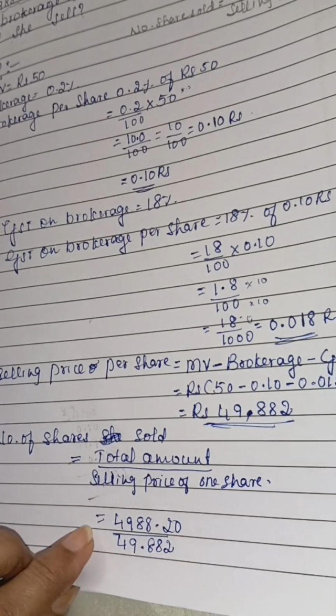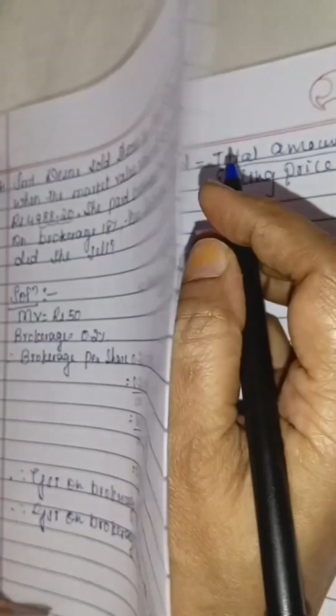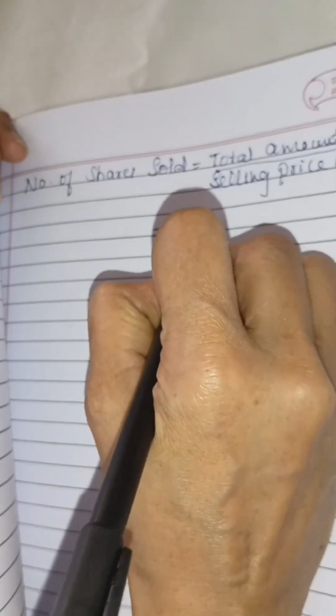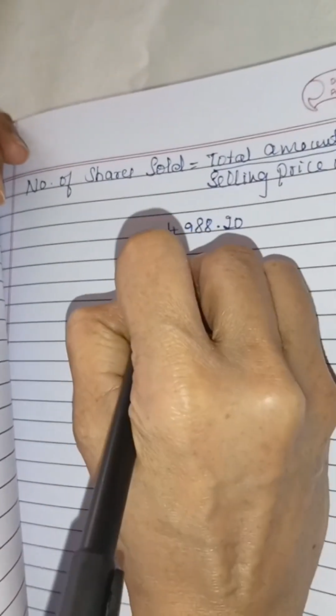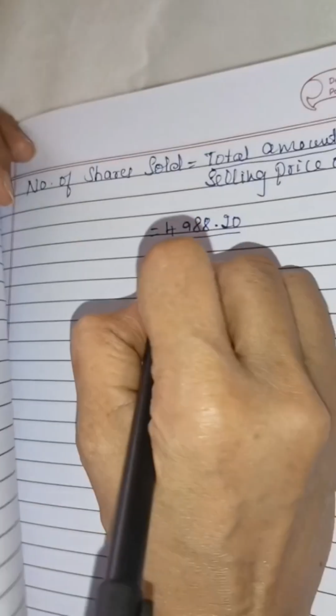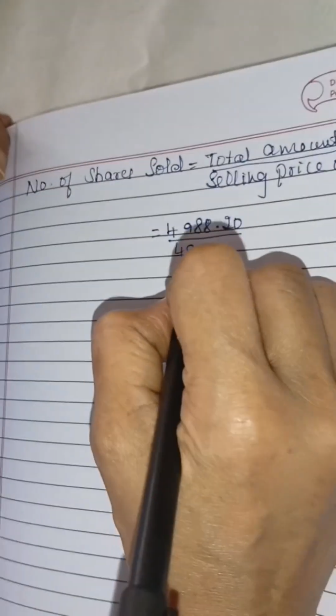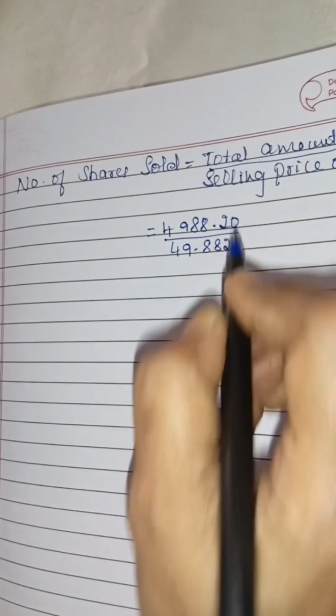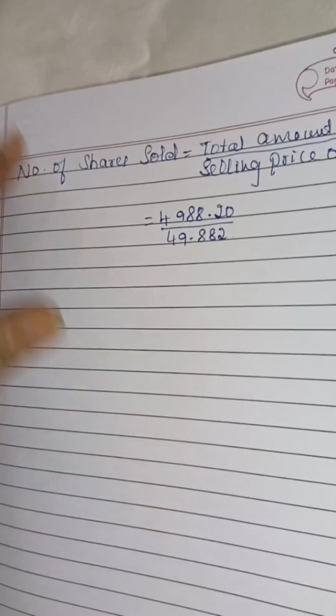We have to calculate this now. So we will write 4,988.20 divided by 49.882. See how to solve this.